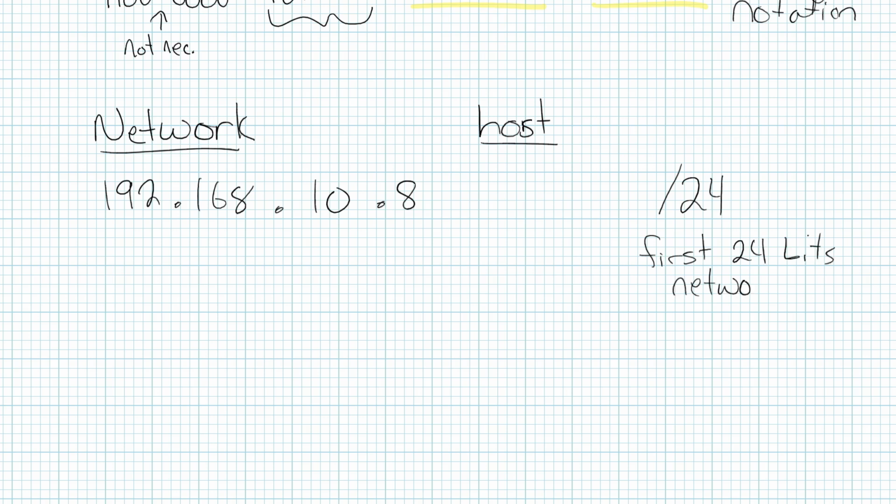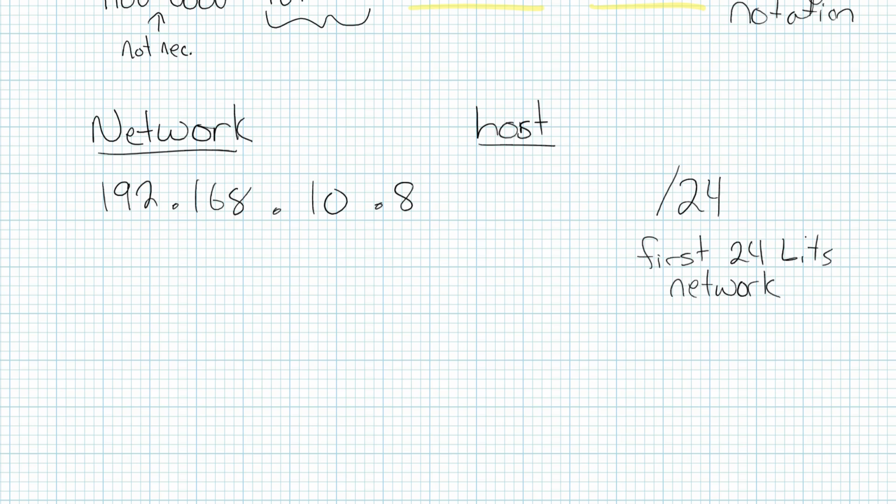What does that mean? Well, it means that if you write the address in binary, you would have 8 bits here, 8 bits here, so we're at a total of 16 bits. And then we would have another 8 bits here, leading us to a total of 24 bits.